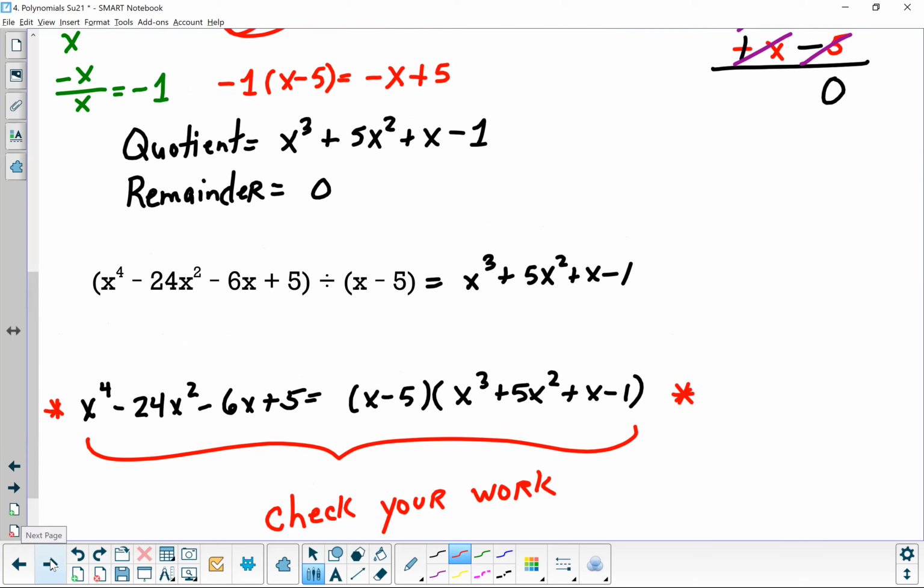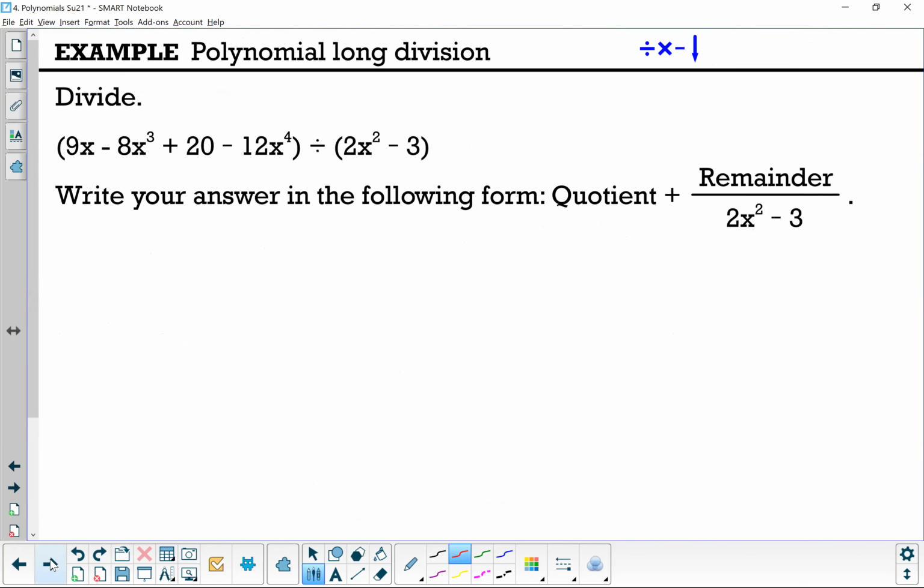All right, let's try one more example. We have here 9x minus 8x cubed plus 20 minus 12x to the 4th divided by 2x squared minus 3. And notice how we're asked specifically to write our answer in the following form: quotient plus the remainder over the divisor.